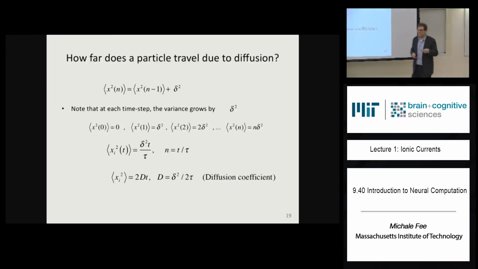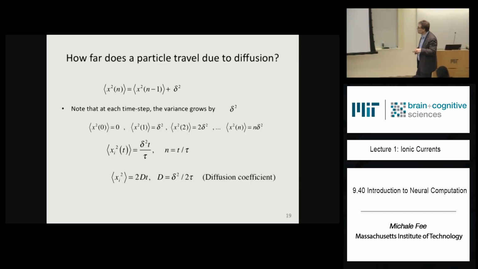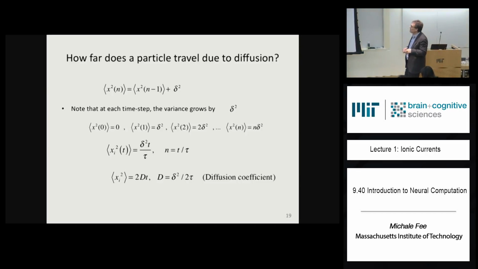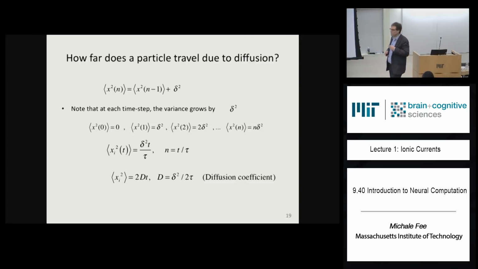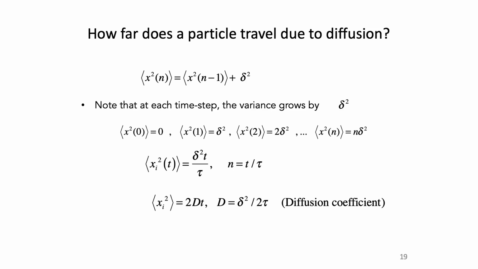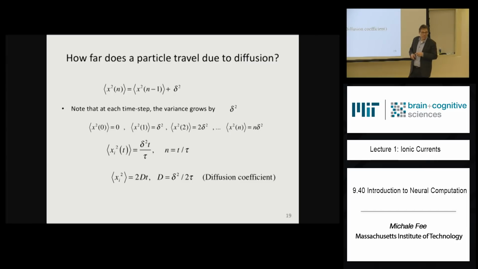Why is that? Because as time grows, the variance grows linearly, right? So if we want to take time and multiply it by something that gives us variance, it has to be variance per unit time.